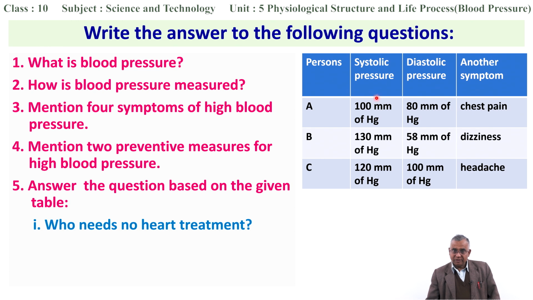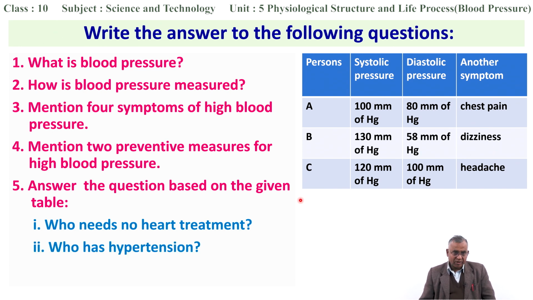Yes, because systolic is in between that range, diastolic in between that range. Chest pain may be because of other reasons also, maybe due to hyperacidity, maybe due to body posture for a long time, or any other reason. It is not necessary that chest pain means high blood pressure or a heart attack only.